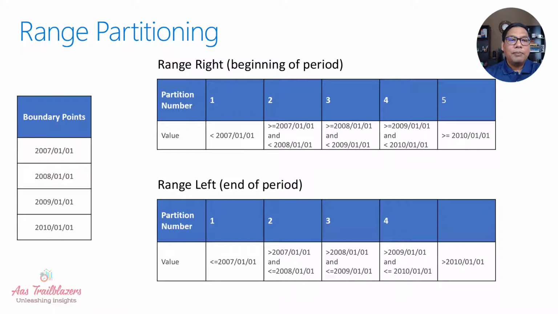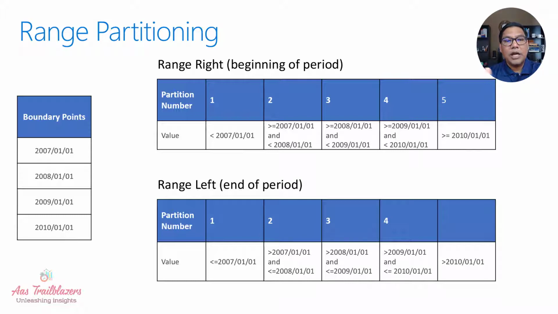For example, say we have 4 boundary points, as we see here: Jan 1st 2007, then Jan 2008, Jan 2009 and Jan 2010. If we use range right, the boundary will be on the right side of the partition.